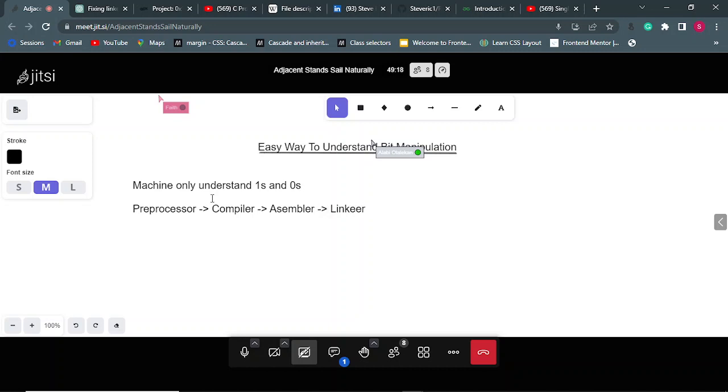Then the linker will link it to an executable file.